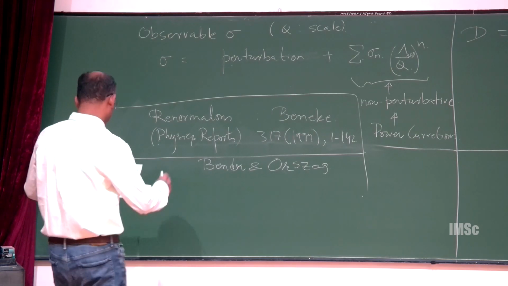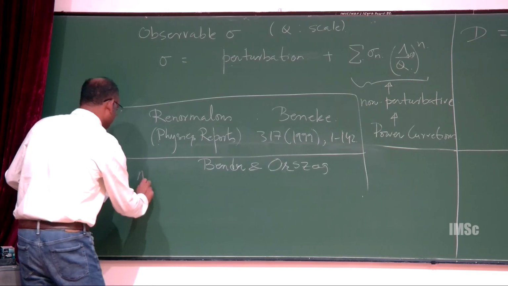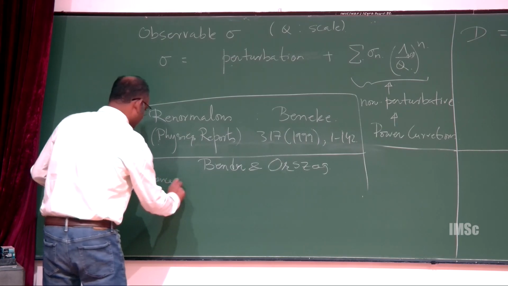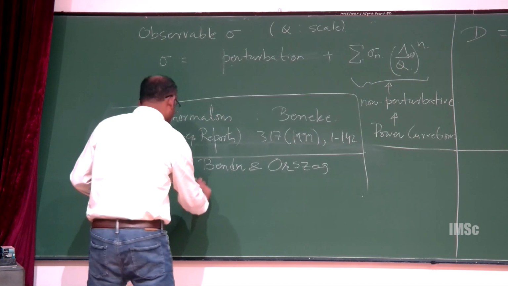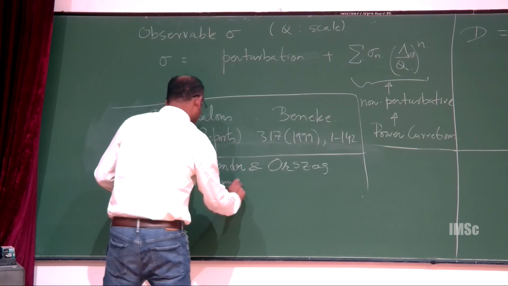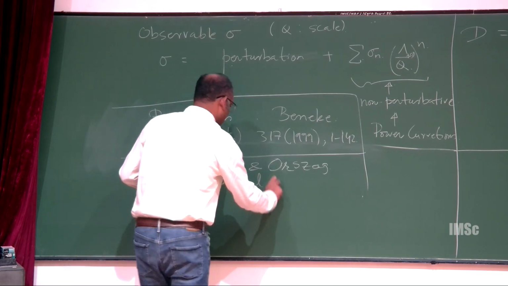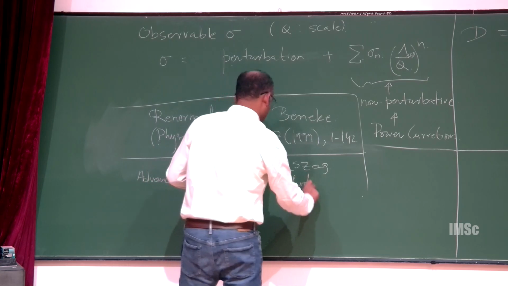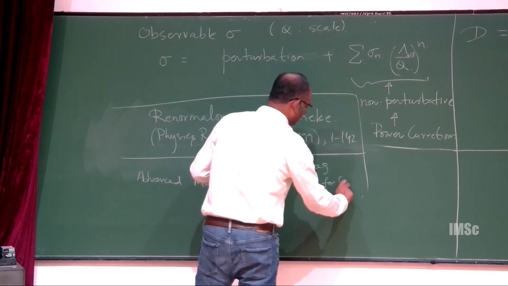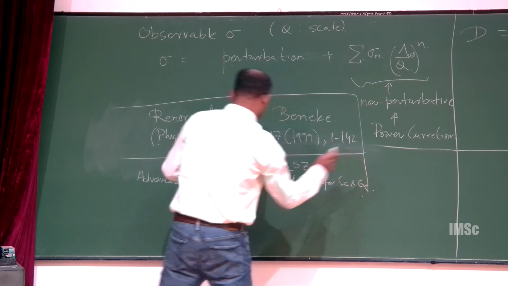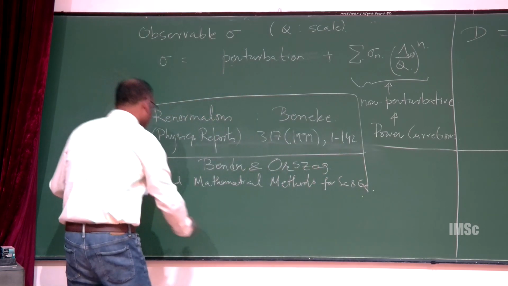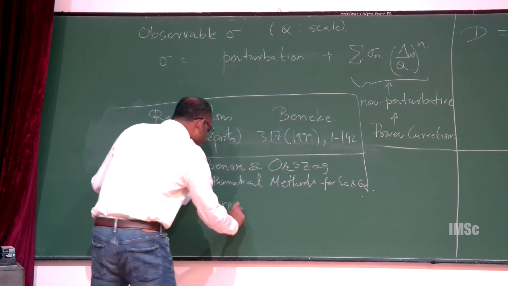So this book is called, it is a nice title also, Advanced Mathematical Methods for Scientists and Engineers, and the subtitle is Asymptotic Methods.